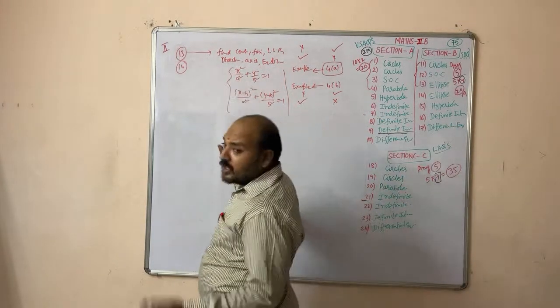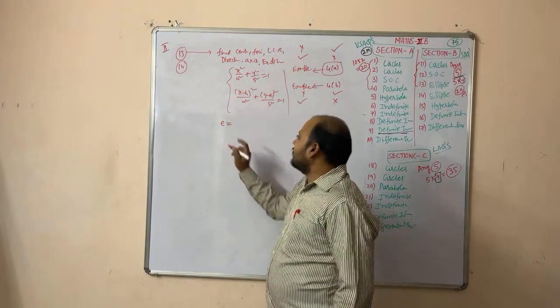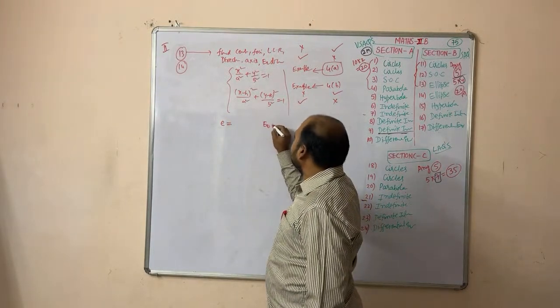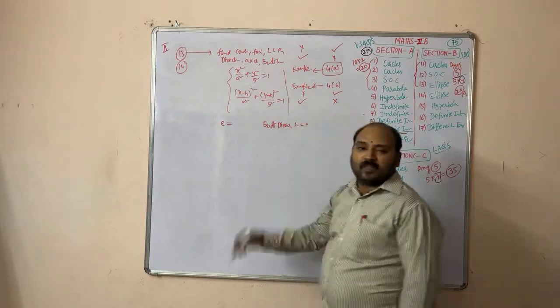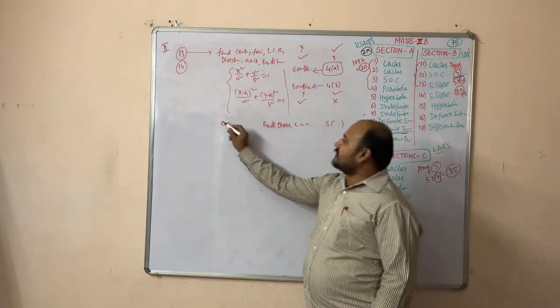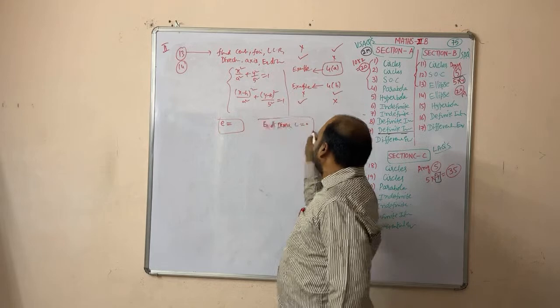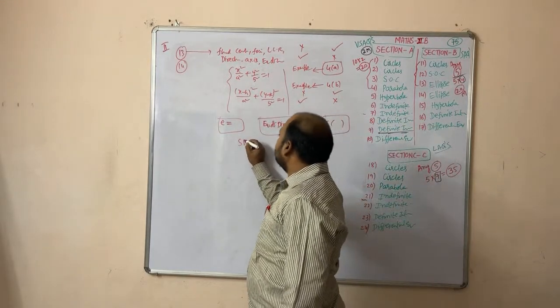Otherwise, another possibility: they will give the eccentricity, the equation of directrix, l equal to 0, and the focus also. Whenever eccentricity, equation of directrix, and focus are available, you can apply the concept SP by PM equal to e.